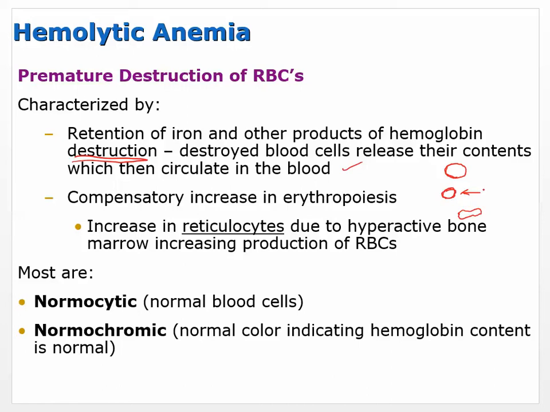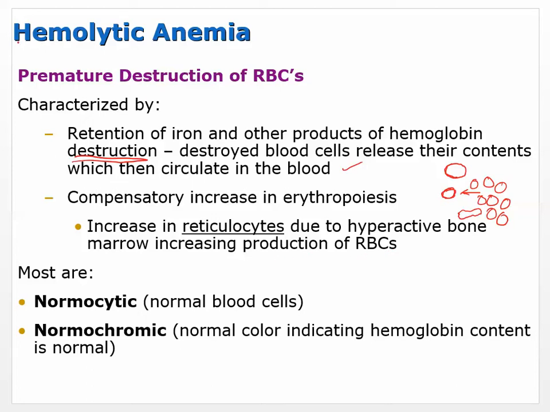So when you look at their blood, you're going to see more reticulocytes present, the immature red blood cells, which means there's a higher turnover. The body's trying to compensate and make more red blood cells. So, an increase in reticulocytes due to hyperactive bone marrow increasing production of red blood cells.